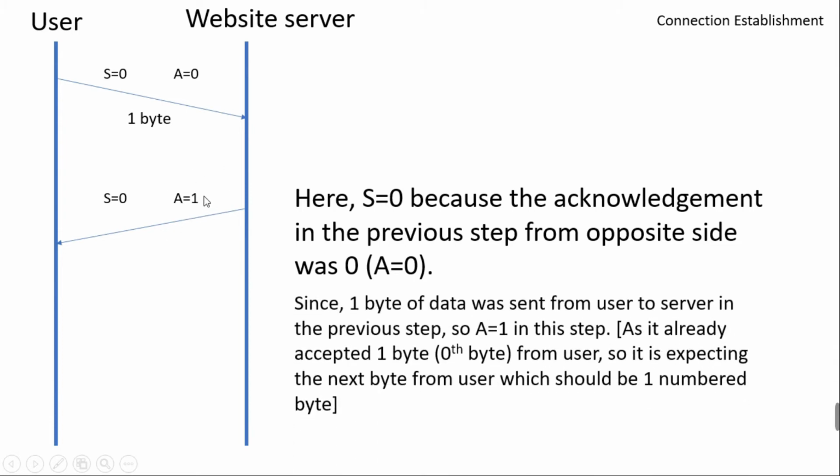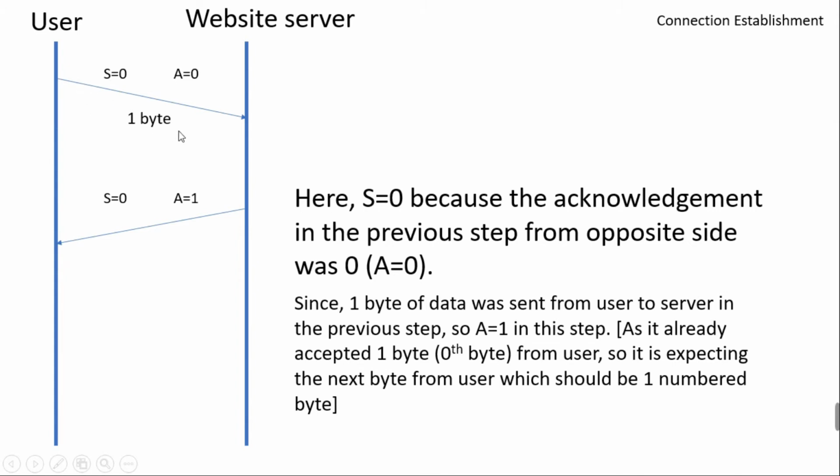In our previous step, we've seen that from user to server only one byte of data was sent, right? We started the counting from byte 0. That was the 0th byte, and that one byte was sent from user to server.